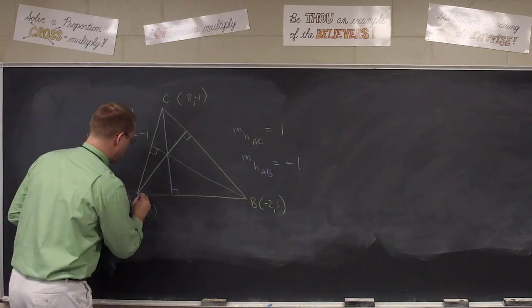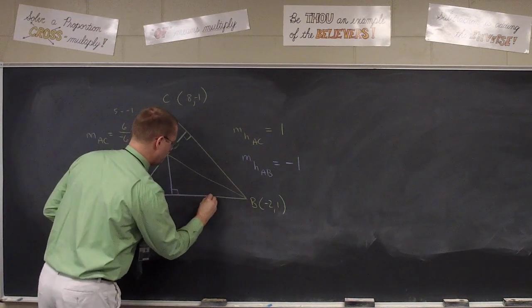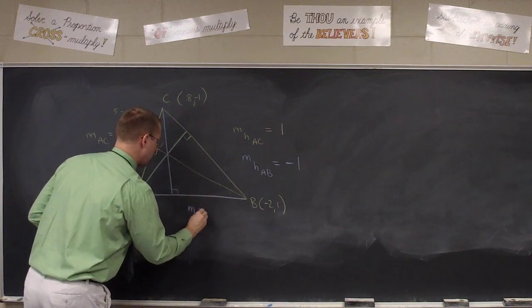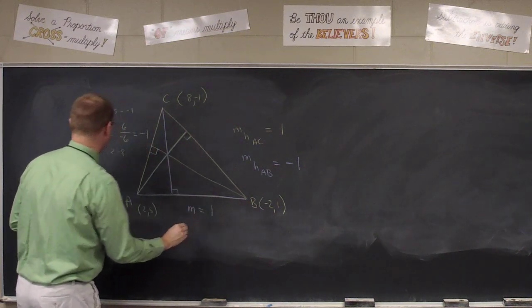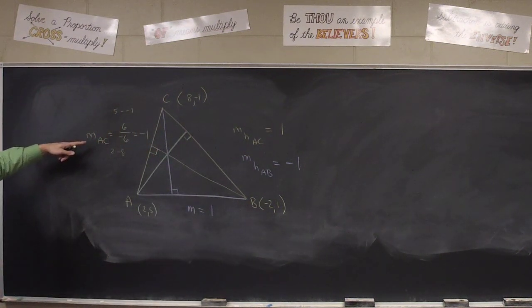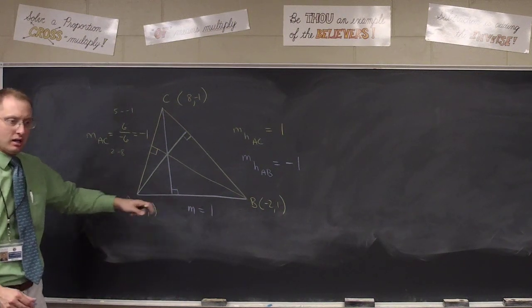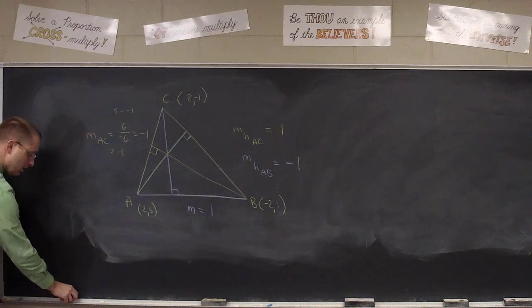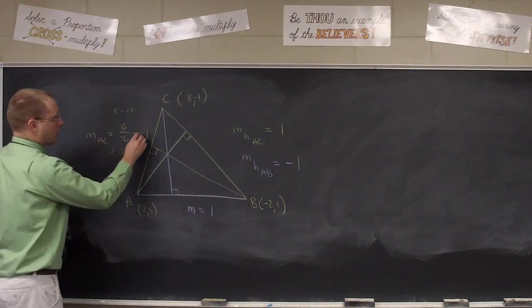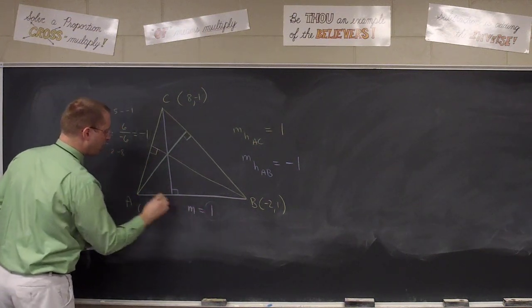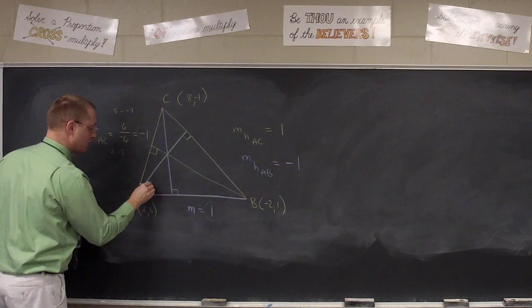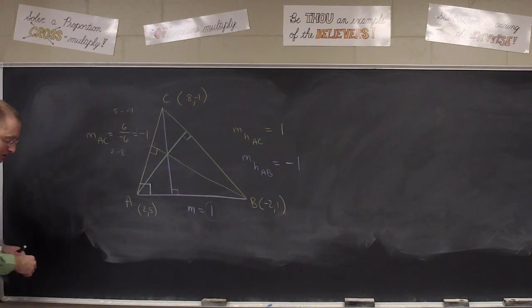This line right here has a slope of 1. AC has a slope of -1. What does that mean about AC and AB? They themselves must be perpendicular to each other. Right? So apparently we've got a little right triangle.